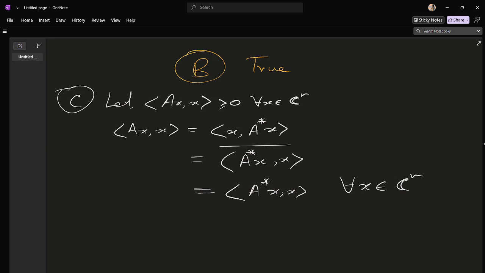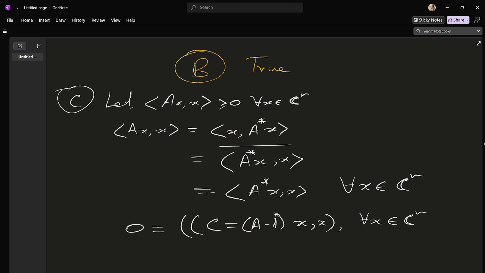So 0 is equal to this. Then we will prove that our C is identically 0, which means A is equal to A conjugate transpose.